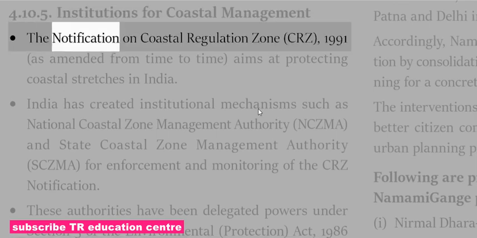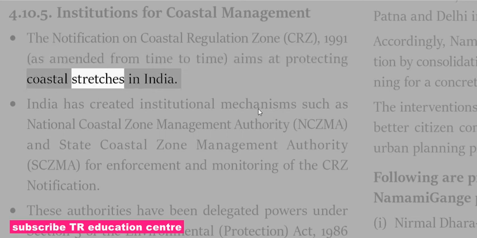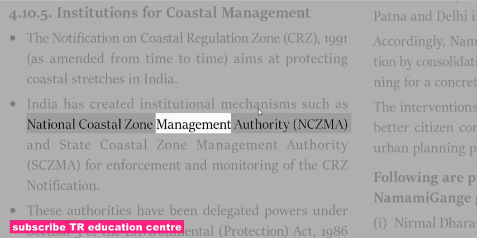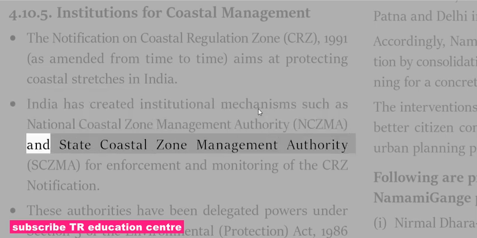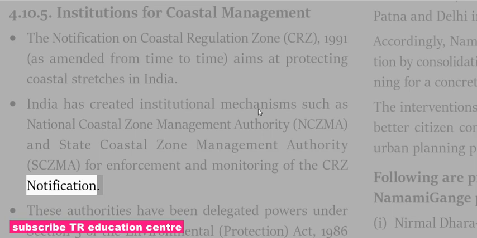The Notification on Coastal Regulation Zone, CRZ, 1991, as amended from time to time, aims at protecting coastal stretches in India. India has created institutional mechanisms such as the National Coastal Zone Management Authority, NCZMA, and the State Coastal Zone Management Authority, SCZMA, for enforcement and monitoring of the CRZ notification.